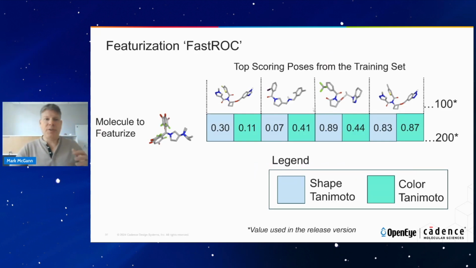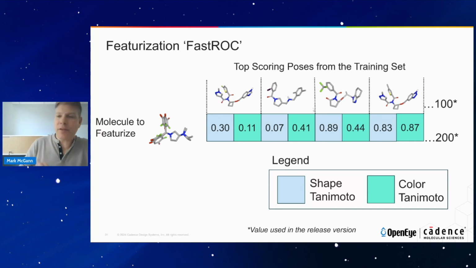The last kind of featurization I think is the most interesting, and it's what we call FastROCS featurization. So what we do here is we look at the training set of molecules and we find the molecules that score the best from the training set, and we have their docked poses. So these are the highest scoring molecules in the training set. And we use these high scoring docked poses as queries for FastROCS.